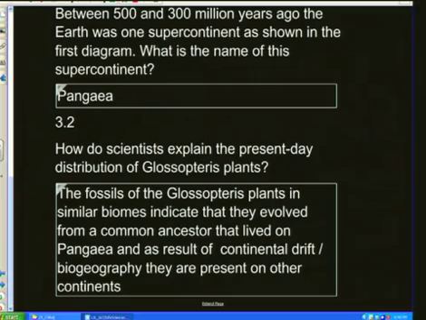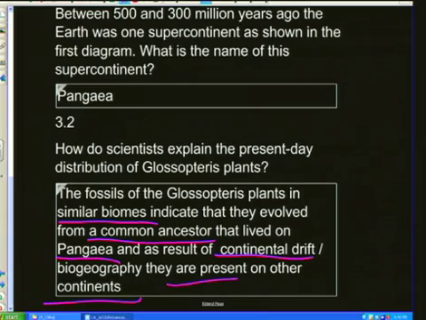So first of all, the fossils of the Glossopteris plants in similar biomes indicate that they evolved from a common ancestor that lived on Pangaea, and as a result of continental drift or biogeography, they are present on other continents today. So in other words, originally they were all together.